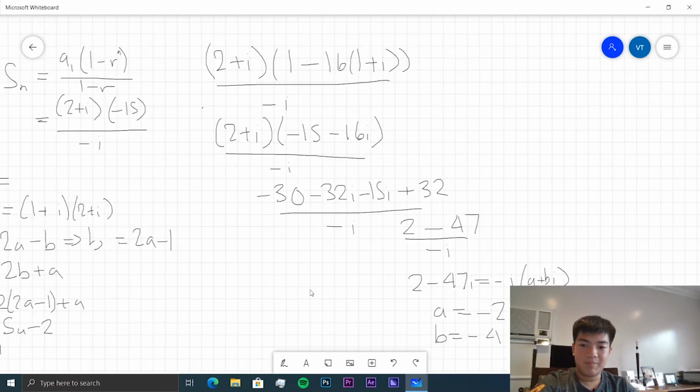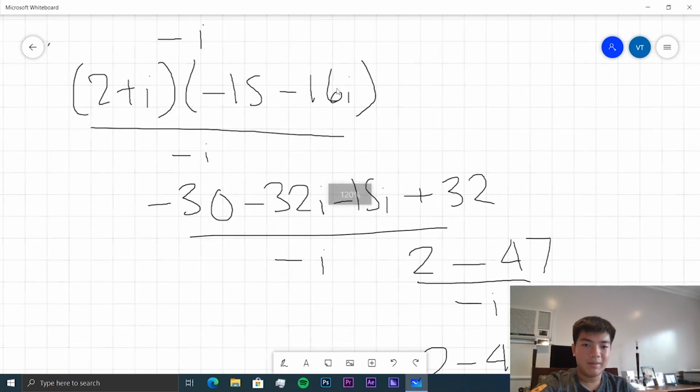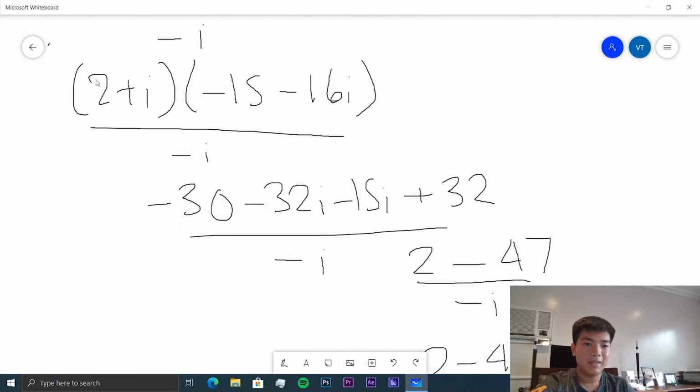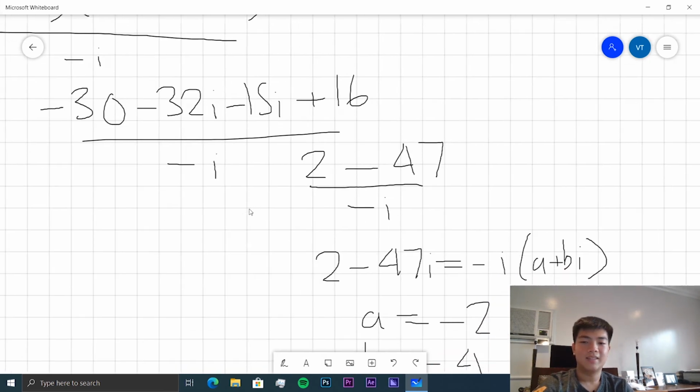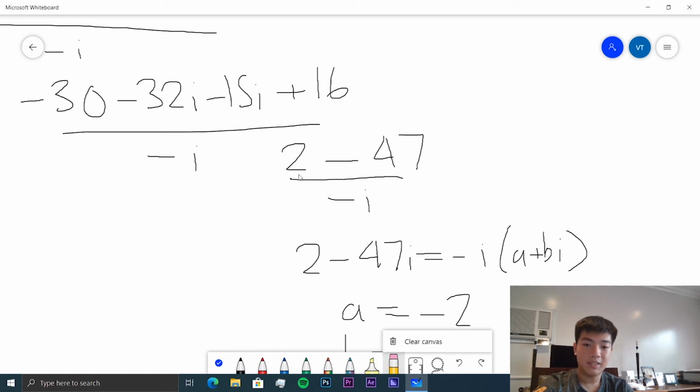Sorry about that. I just realized I was being silly. I accidentally multiplied negative 16 by 2 instead of just 1. So this should only be 16. So this is going to be 14 minus 47i over negative i.